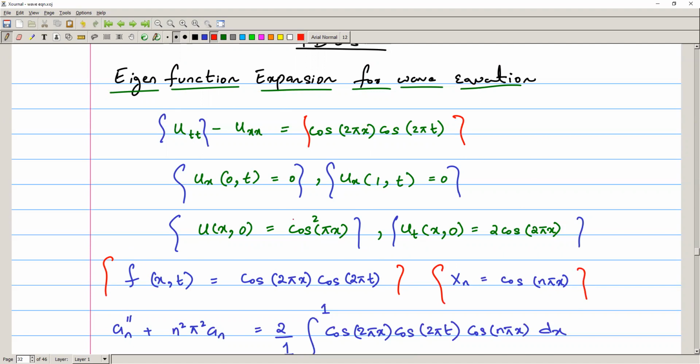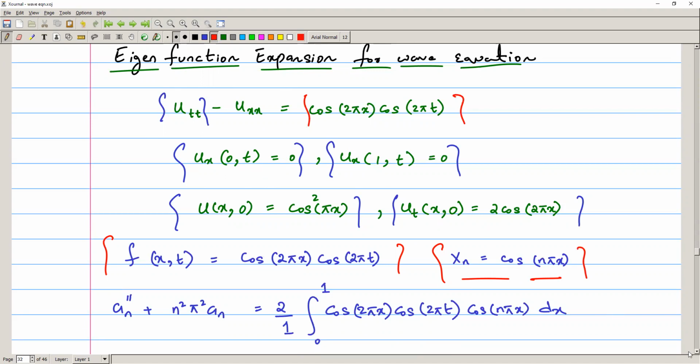All right, we are already familiar with how we can get this eigenfunction by applying the conditions on the equation that we have already separated using the separation of variables method.